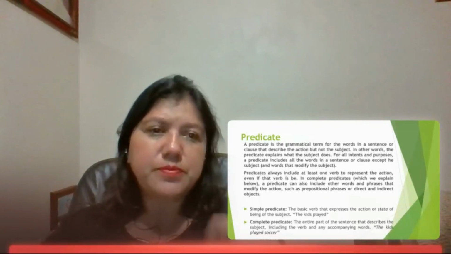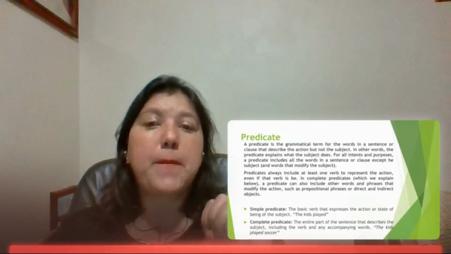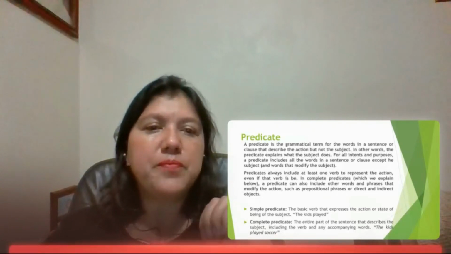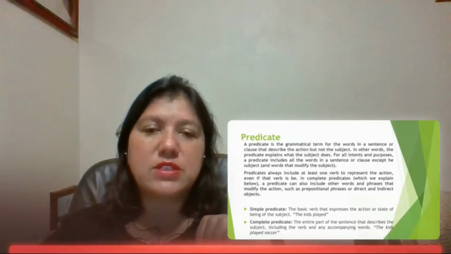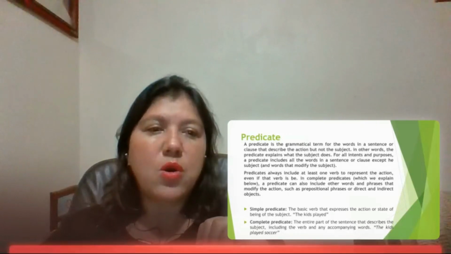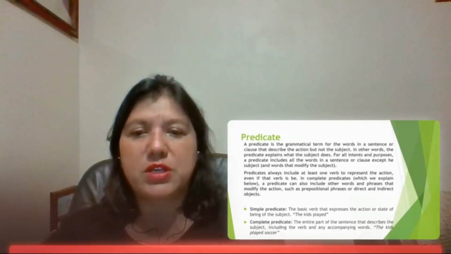Predicates always include at least one verb to represent the action, even if that verb is be. A predicate can also include other words and phrases that modify the action, such as prepositional phrases or direct and indirect objects.